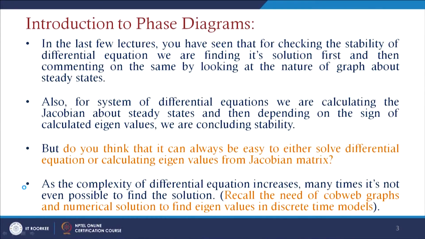So first, the introduction to the phase diagram. Why are we going for it? When we look at the stability of a differential equation, it is very difficult to find the stability analysis for a first order or second order differential equation, and we cannot comment on anything about the steady states by looking at the nature of the graph.